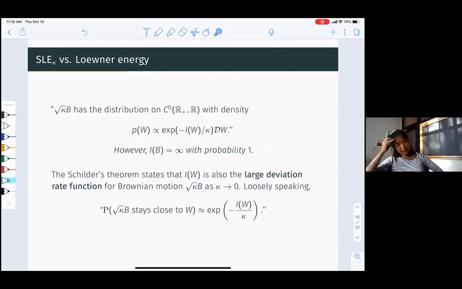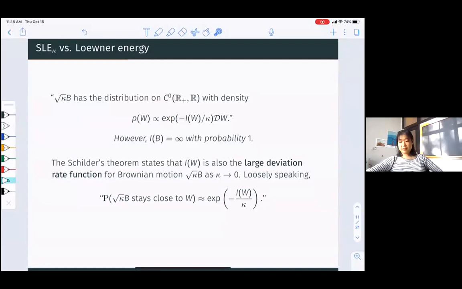However, this identity somehow tells you that knowing things about the Dirichlet energy is going to tell you a lot about Brownian motion already, as being the density of its distribution.